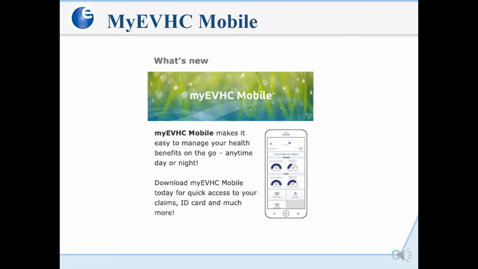If you have not registered, simply register while you're on the mobile app and create a username and password, which then allows you to have full access to your entire Evolution profile. You can pull up your ID card, request an ID card, look at your explanation of benefits, or even connect to your My Links to search for Cigna in-network providers or for your Caremark pharmacy vendor.